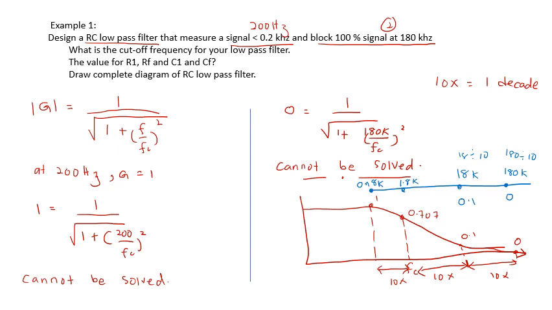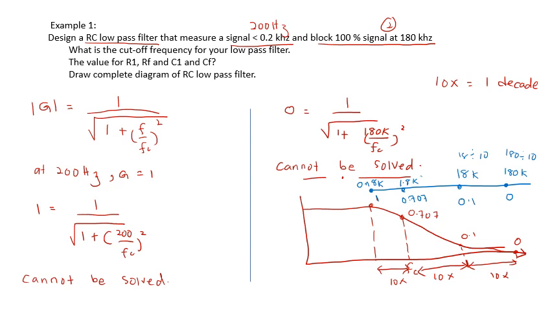At 1.8K the gain is 0.707, and at 0.18K it gives us 1.